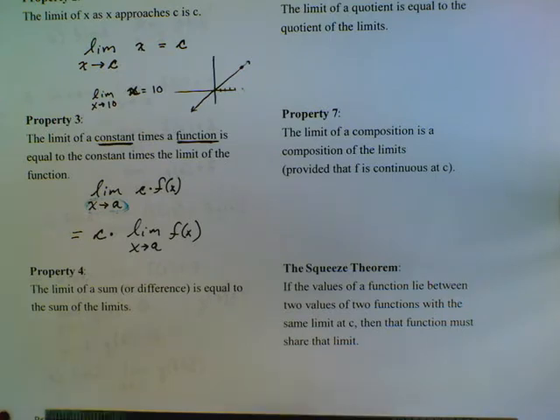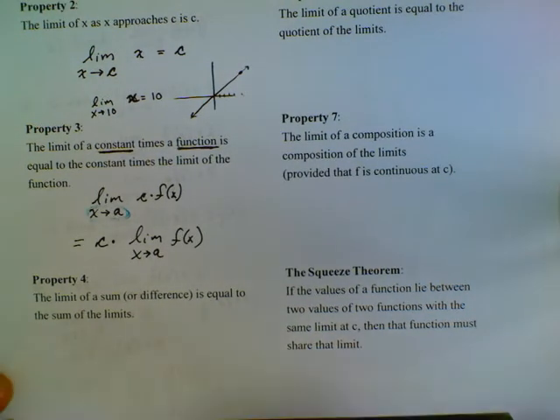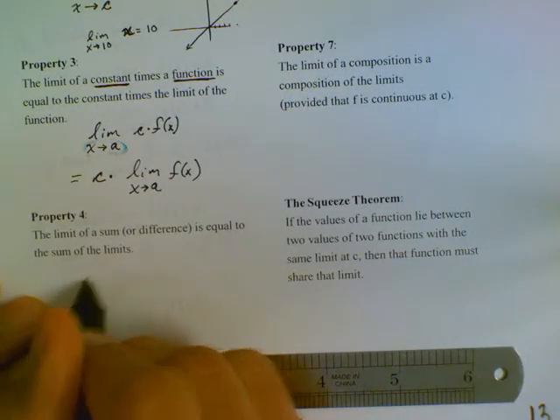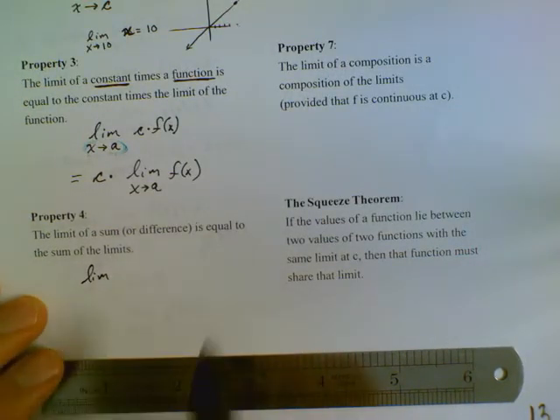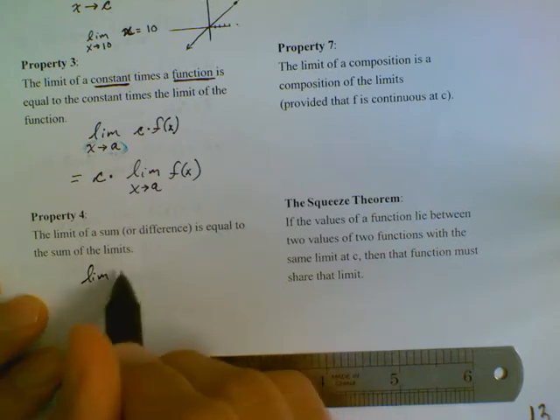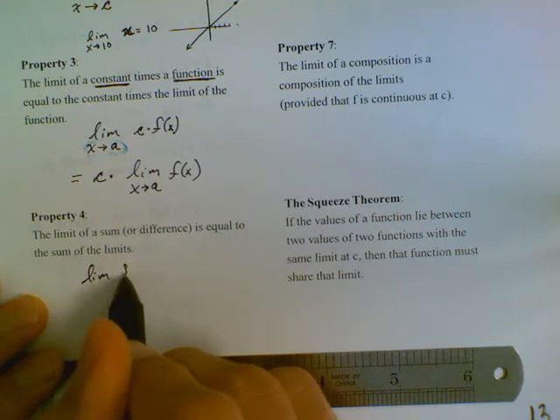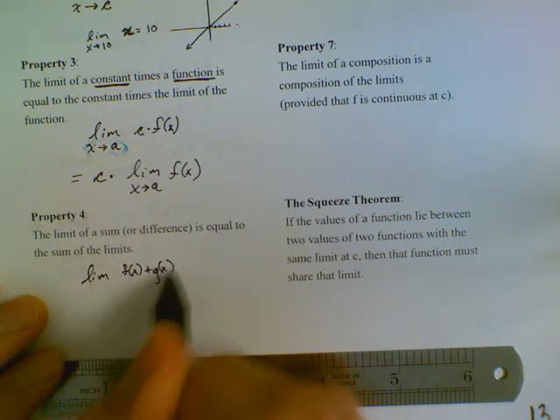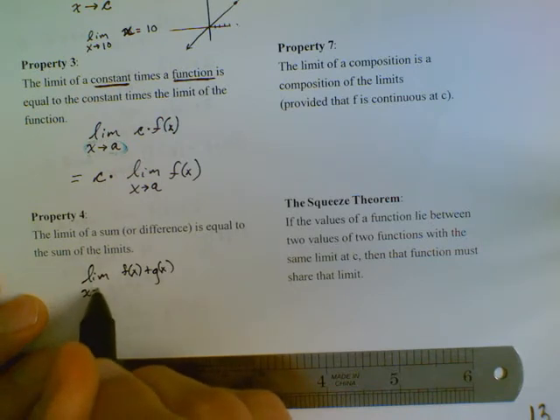Okay, so here we go. The limit of a sum or difference is equal to the sum of the limits. Okay, so the limit of a sum, let's just do something like we're going to add two functions together. Let's just do f of x plus g of x. And let's make x approach a.